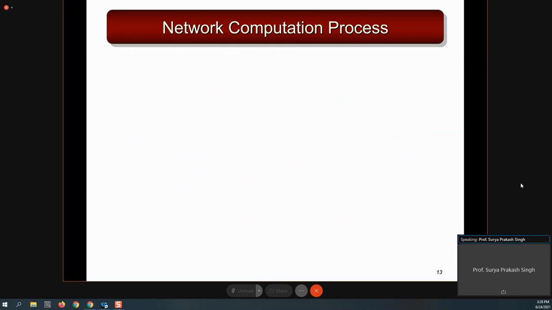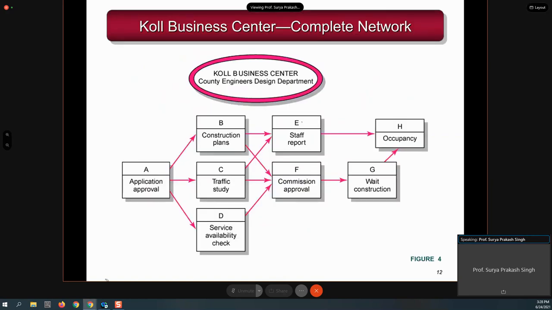So forward pass means that first we go from left to right. Sorry, let me show the diagram. If you go from left to right, A, B, C, D, E, F, G, H, you will get to know some calculation of time.